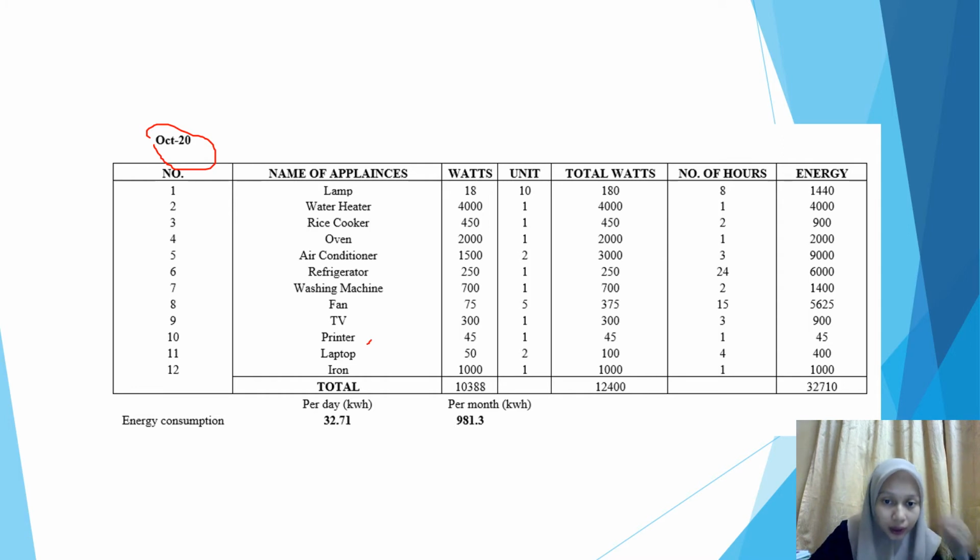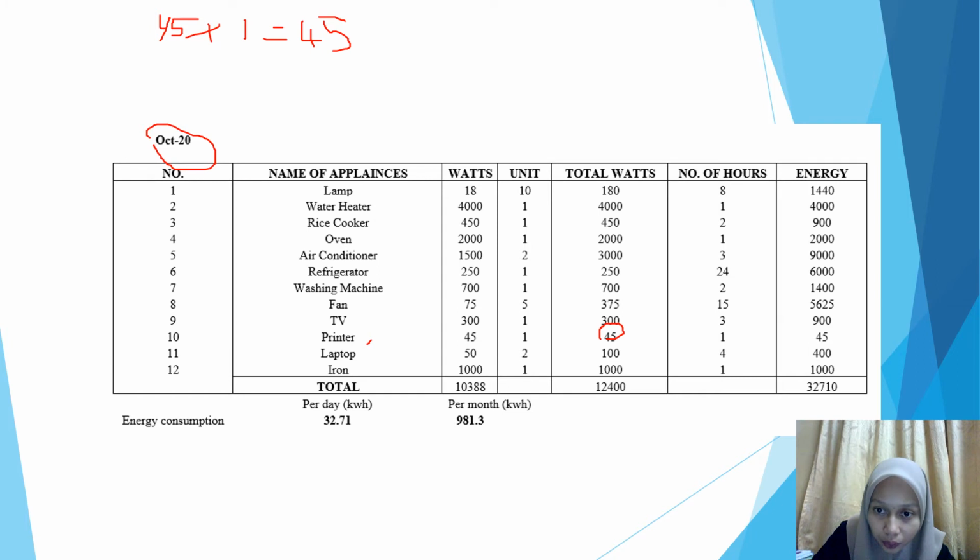We choose the printer. The watt is 14.5 kilowatt, 1 unit times 1 unit, and you get the total watt is 14.5. After that, you times 1 hour per day, and the energy used is 45.